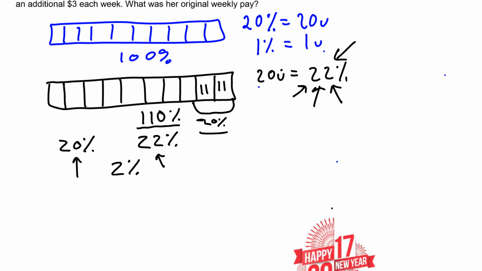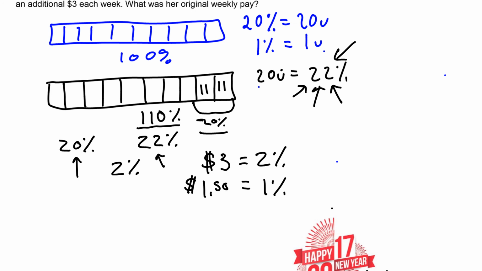Now it says it's $3 more that she's putting in her pocket. So that means $3 more is going to be equal to 2%. Well, if $3 is equal to 2%, then that means 1% is going to be equal to $1.50, since we can just chop both of them in half.